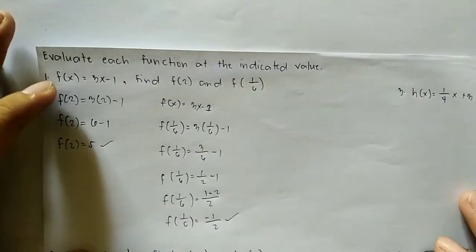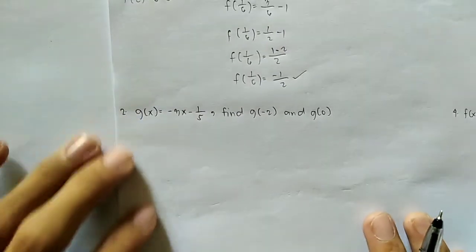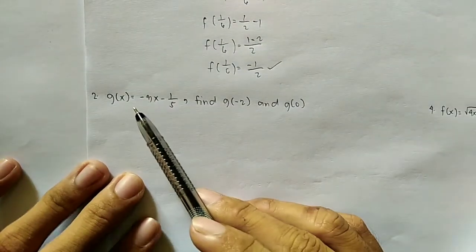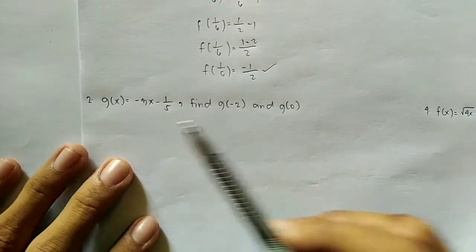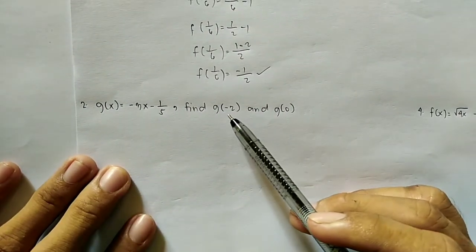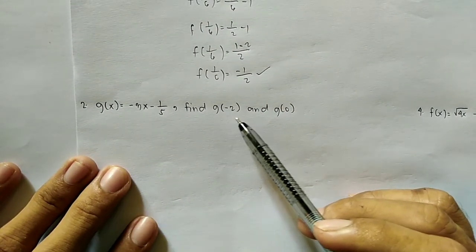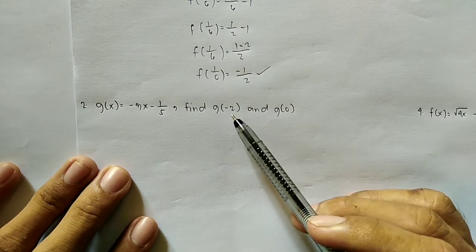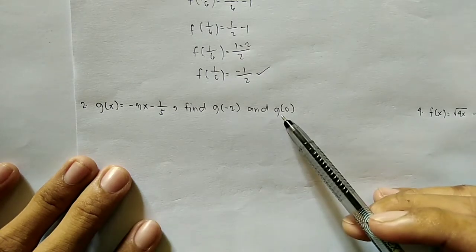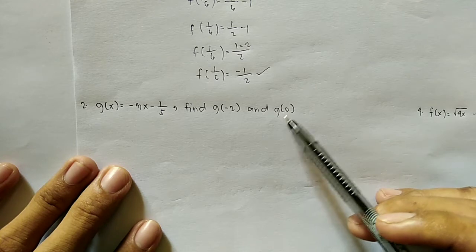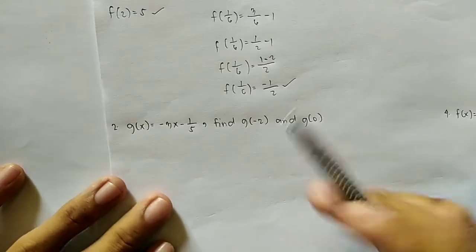Let us proceed to example number 2. It defines the function g of x equals negative 3x minus 1/5. We have to find g at negative 2, or the value of x at negative 2, and the function g at x equals 0.